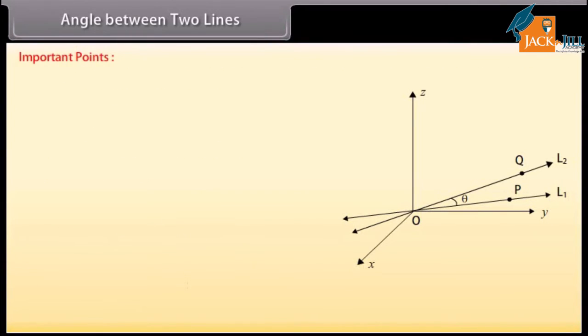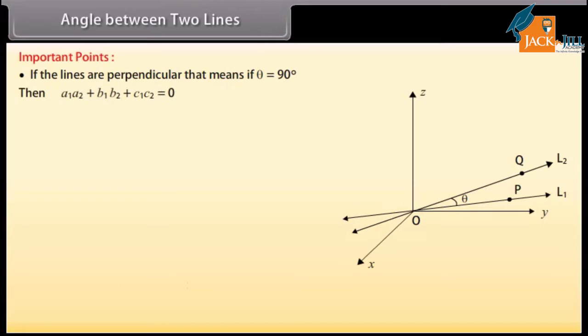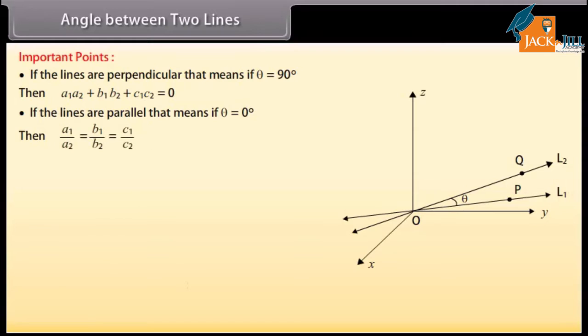Important points. If the lines are perpendicular, that means theta is equal to 90 degrees, then A1 A2 plus B1 B2 plus C1 C2 equals 0. If the lines are parallel, that means theta is equal to 0 degree, then A1 by A2 equals B1 by B2 equals C1 by C2.